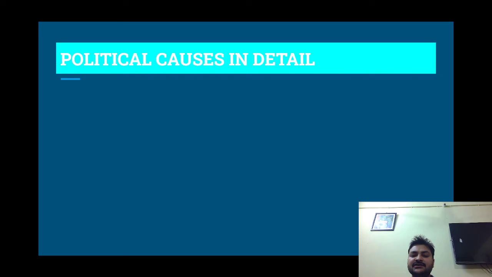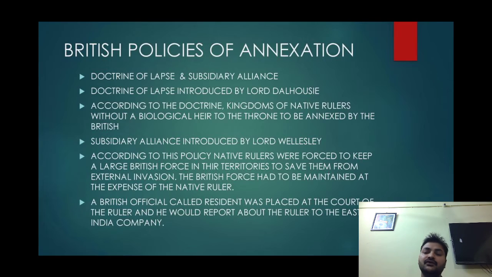First, political causes. Whenever there is a change in policy making, that means there is administrative change. But when the ruler himself changes, then that means there is a change in politics. The ruling class changed, that means change in politics.